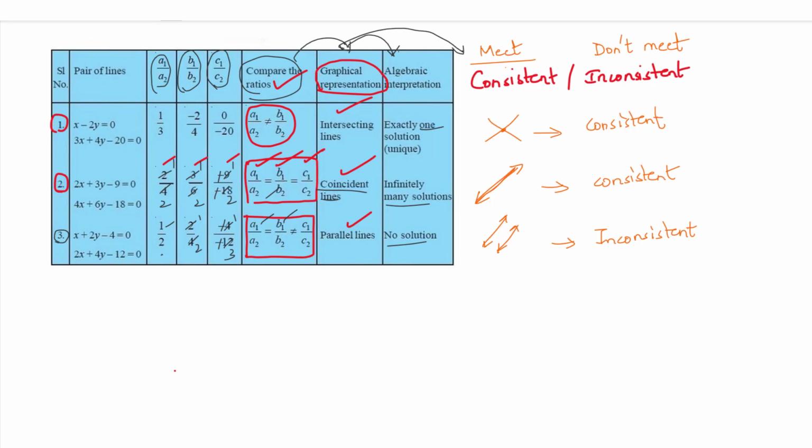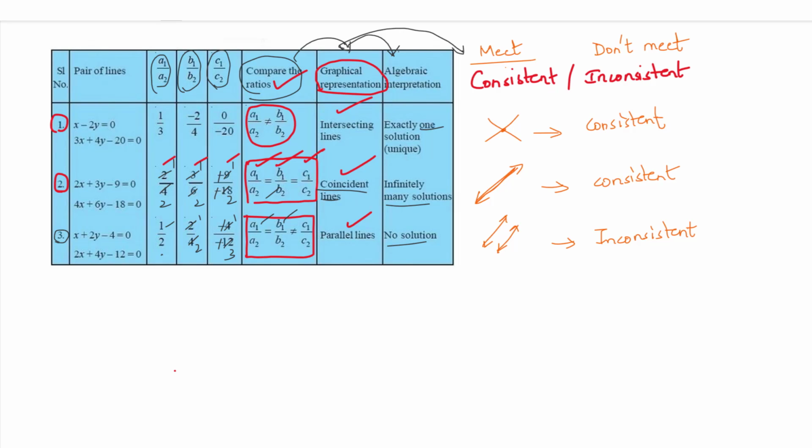So in exercise 3.2, they have given us questions in such a way that we have to compare the ratios, and then find whether the pairs of linear equations intersect at a point or are parallel or coincident. Or they can ask, on comparing the ratios, find out whether the following pairs of linear equations are consistent or inconsistent.